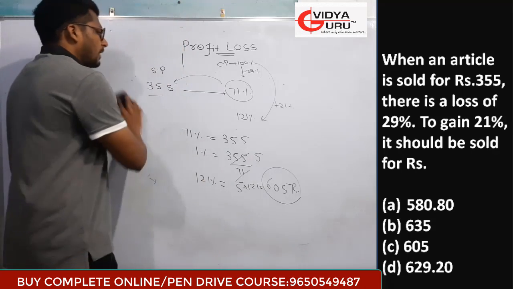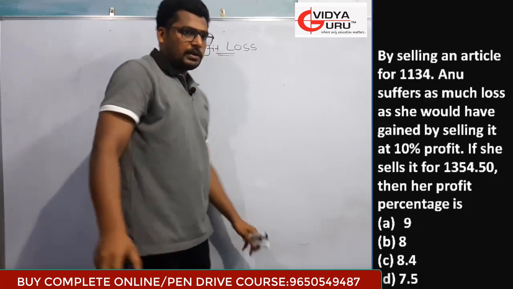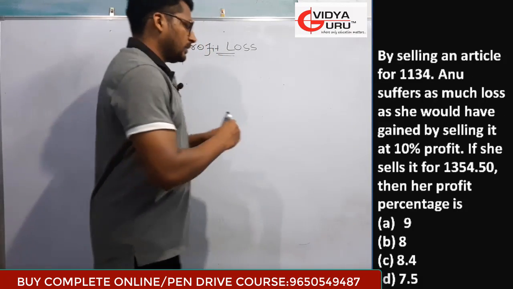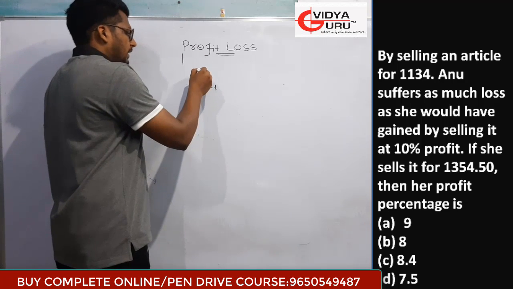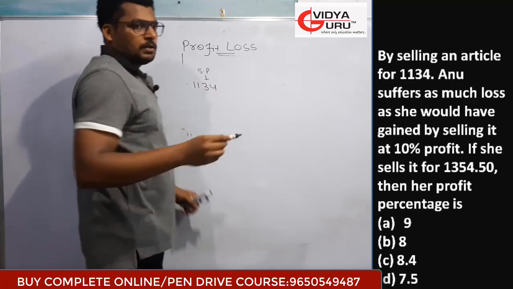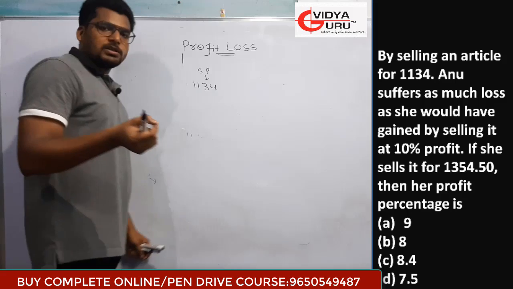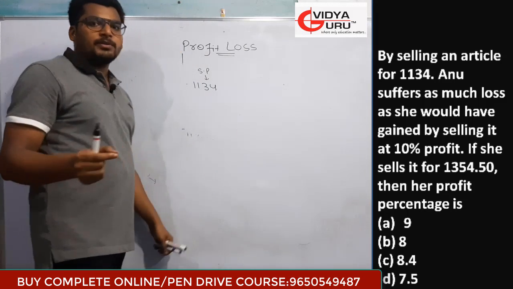Coming on to our next important question. The next question is saying, an article is sold for 1134 rupees, there is as much loss as she would have gained when sold at 10% profit.